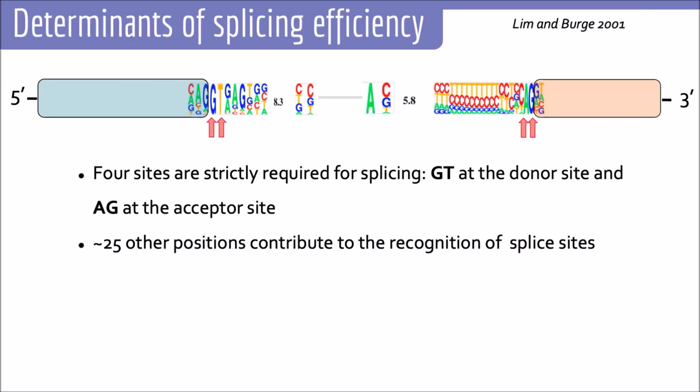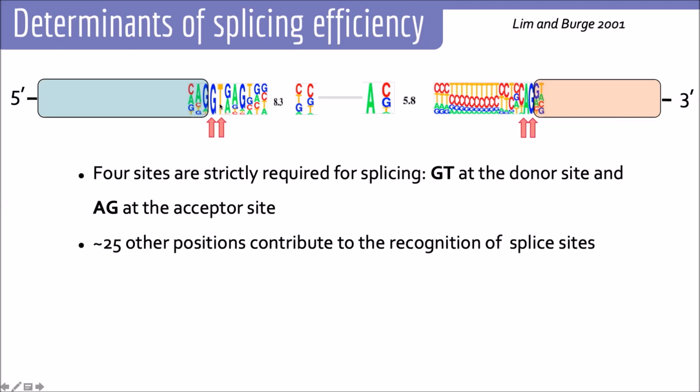And so what determines the splicing efficiency of a given intron? It is known that there are 4 sites that are strictly required for splicing, and essentially this corresponds to the first 2 and the last 2 bases of introns.